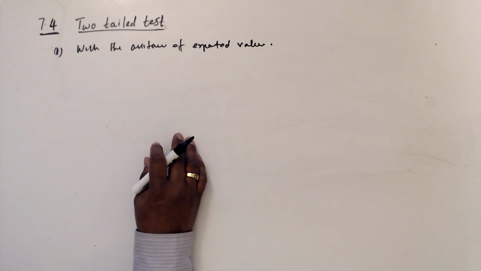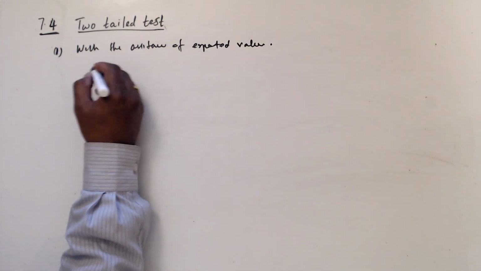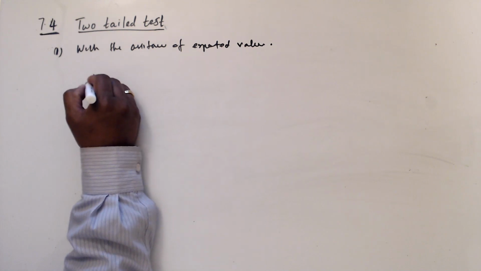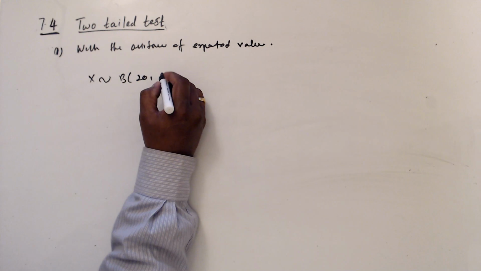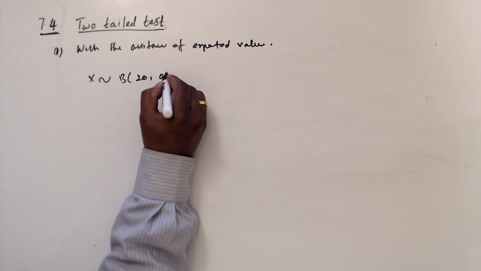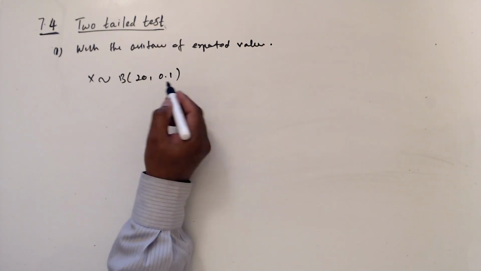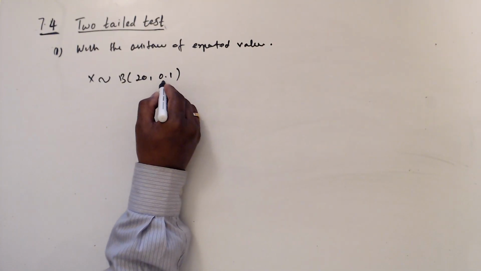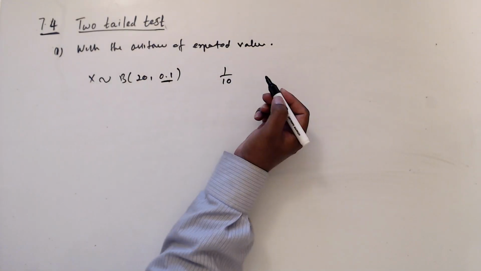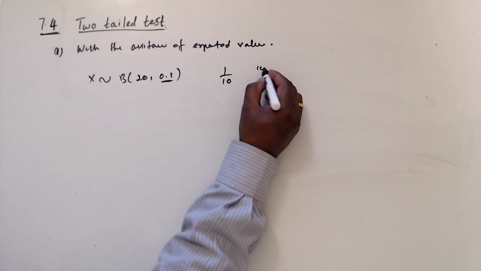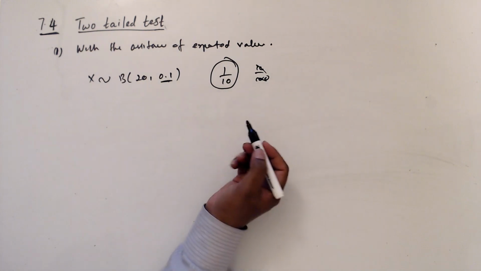Now, what is the expected value? I'm trying to give an approximate meaning for that. Assume X follows binomial 20 and 0.1. The idea is that 0.1 means 1 out of 10, or 10 out of 100. As a fraction, this is 1 out of 10.